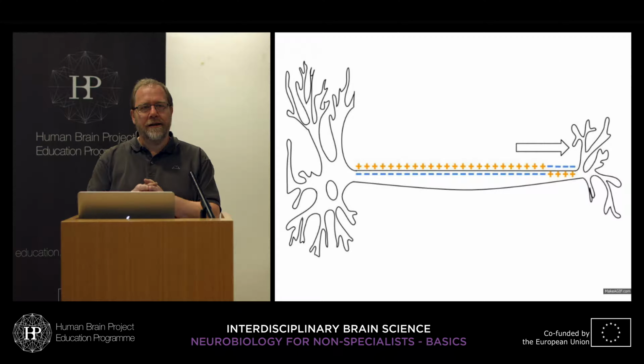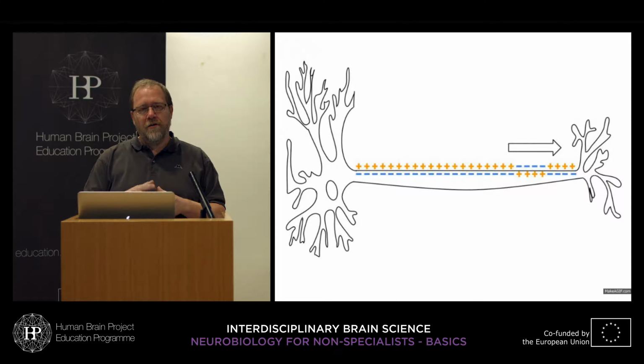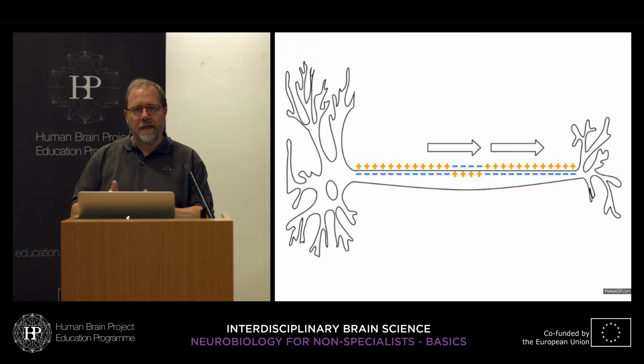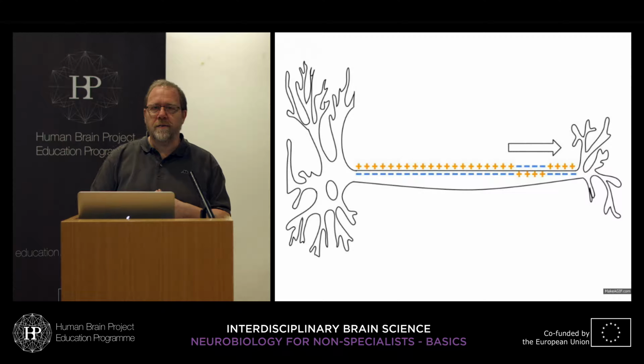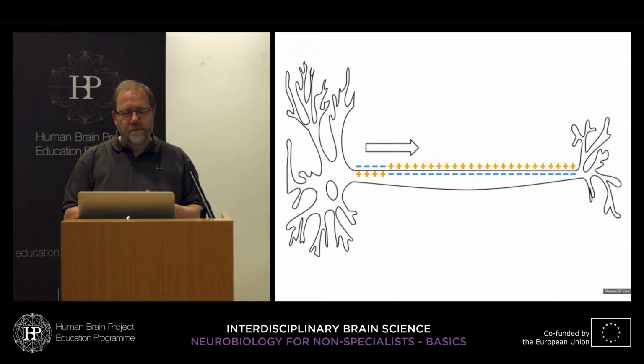So it's basically an electrical signal. This is done by a number of voltage-gated ion channels. So these are channels which react to a change in the membrane potential and allow the signal to be handed on. And there will be a special lecture on these types of channels.